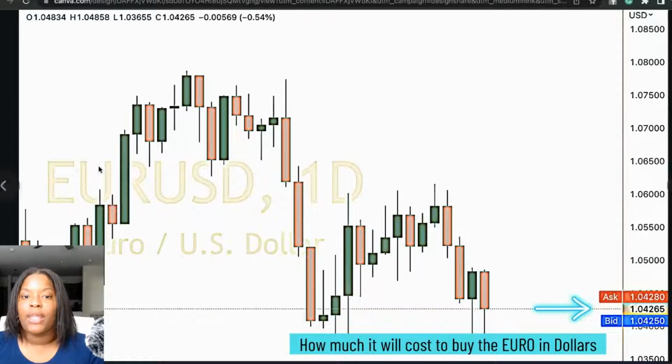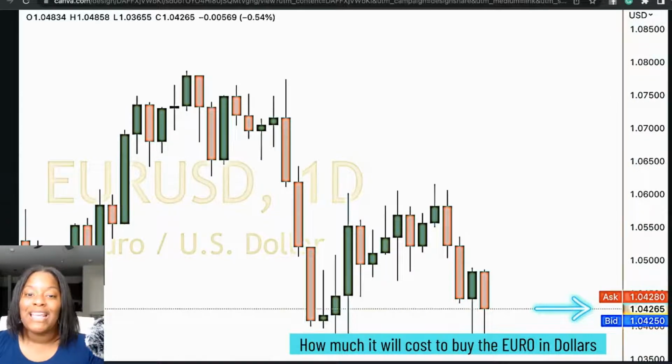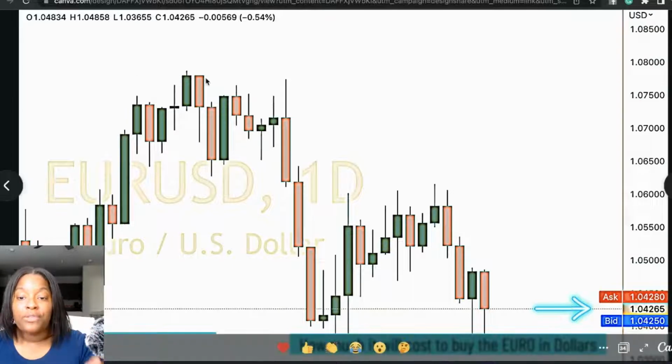Let's look at that. Price was trading around $1.07. Okay, this is why the price chart is so important and reading these candlesticks are important, okay? A month ago, price was trading at $1.07. Now it is under $1.04. So it is cheaper.